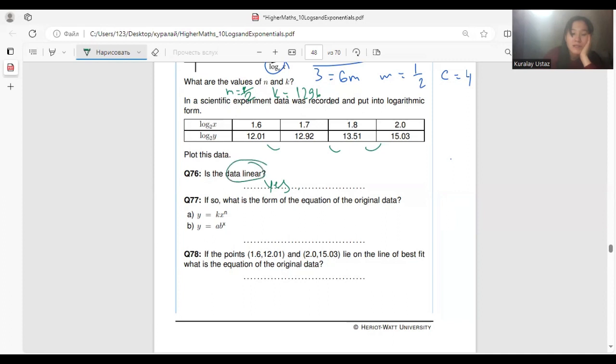If this is linear, as you remember from the previous multiple answer question, we find that to define this function's graph to be linear, we need to make the x-axis and y-axis logarithmic. So the answer here should be this one. This one cannot be linear. If we want to make it linear, it should be x just, and this one logarithmic.